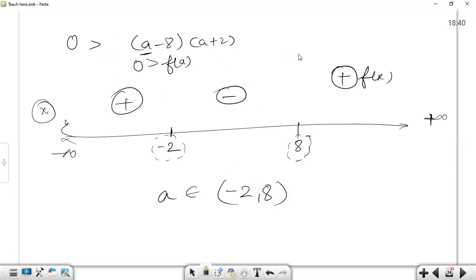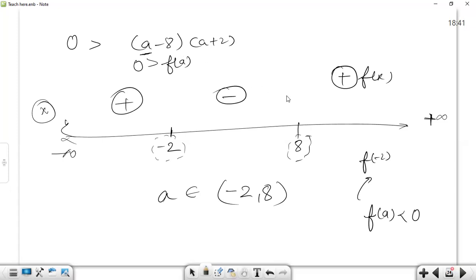Because we are finding a function f of a, and it has to be less than 0. So we have to find the values of a for which the function is negative. But if we include -2 and 8, what is f of -2? What will we get when we put a as -2?